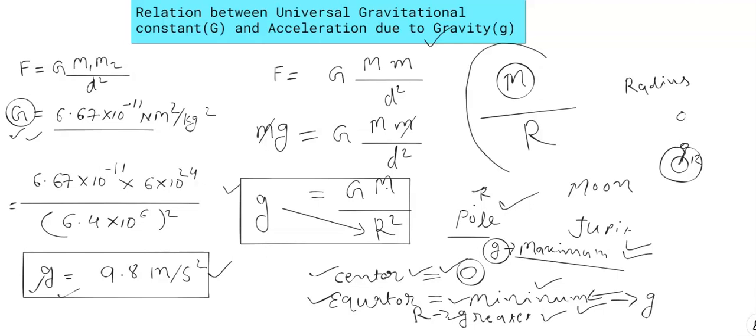If these values change, the g value will change. So this was the explanation for capital G and small g.